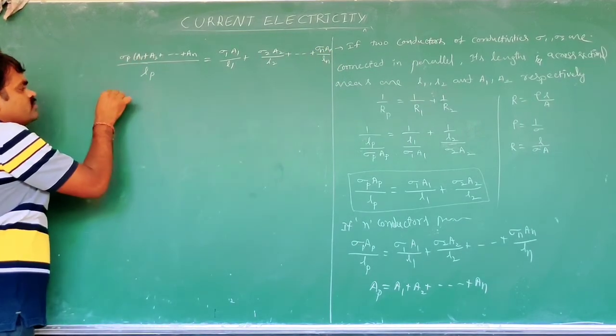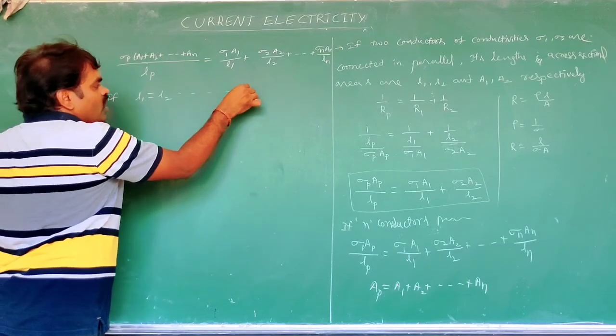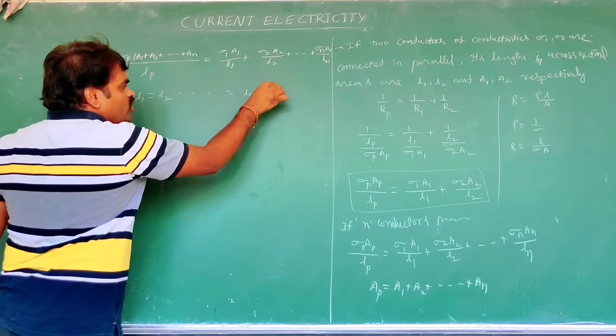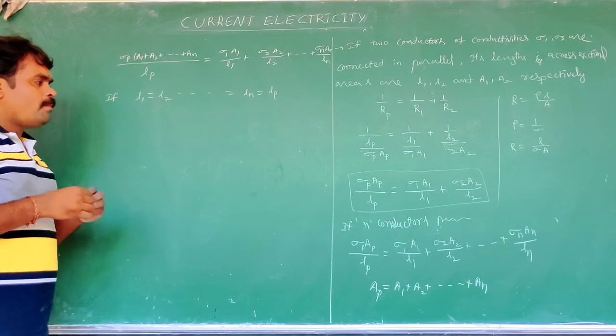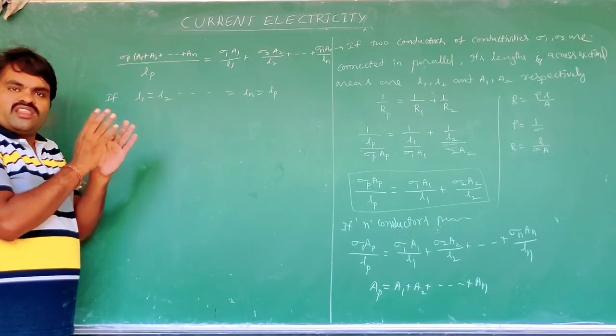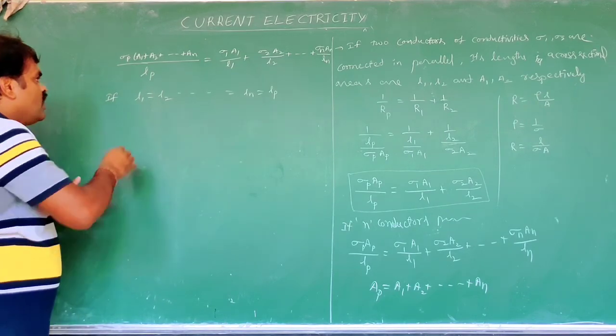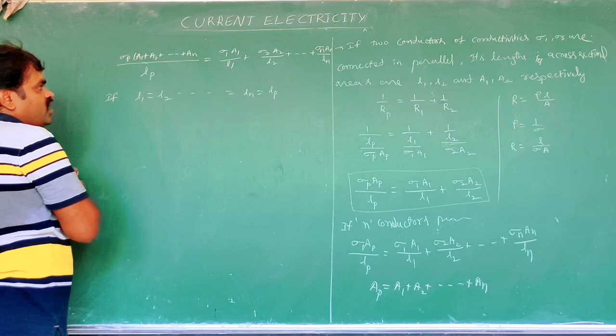If the lengths are equal, L1 is equal to L2 is equal to Ln, that is equal to LP, because in the parallel combination the lengths of the conductors will be the same.